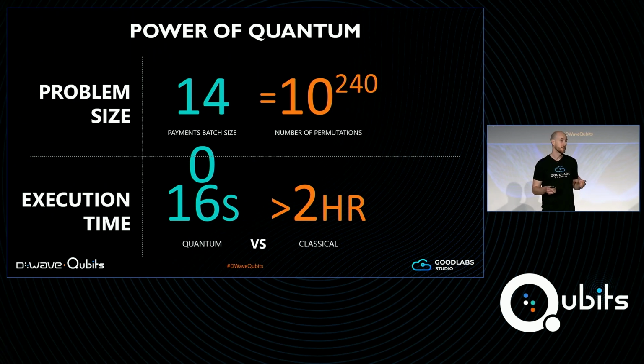This isn't the 700 that we were hoping for, but is a remarkable result, since D-Wave was able to solve this problem in 16 seconds, where a classical solver running mathematical programming on a fairly beefy AWS instance was over 2 hours in many cases, and many cases could not return a solution in a reasonable amount of time. Despite this, it is a remarkable result when considering the size of the solution space.